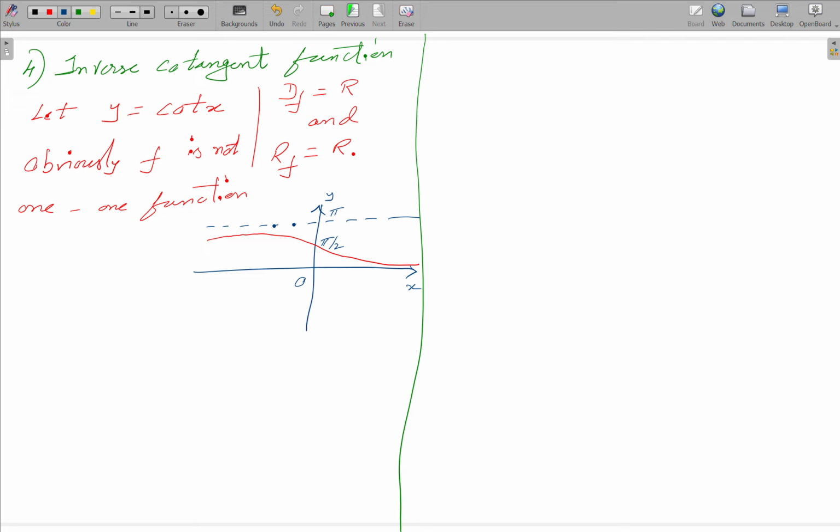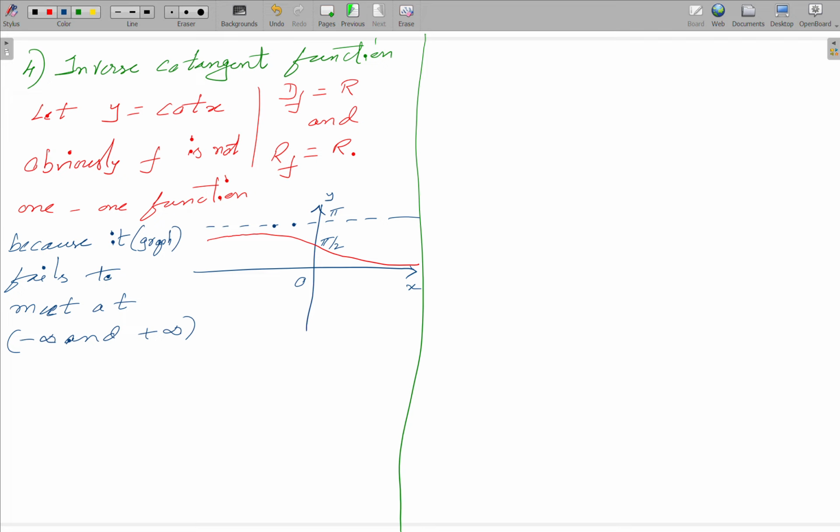At infinity it fails, and it also fails at minus infinity, because the graph fails to meet at the closed interval of minus infinity and plus infinity.